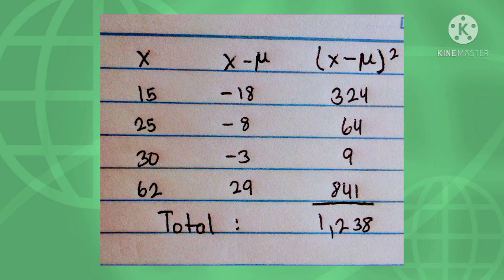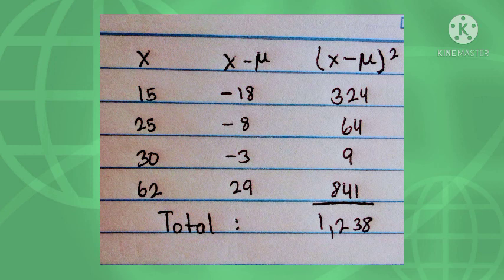And last, to determine the answer in the third row, we just need to square our answers in the second row and add them to get the final answer. Negative 18 squared is equal to 324. Negative 8 squared is equal to 64. Negative 3 squared is equal to 9. Positive 29 squared is equal to 841.